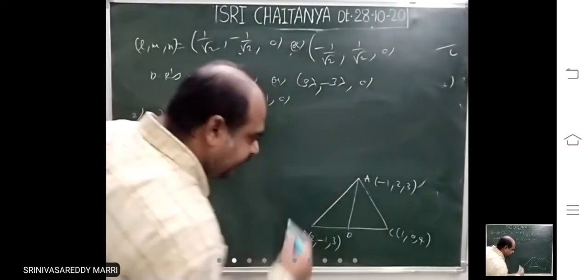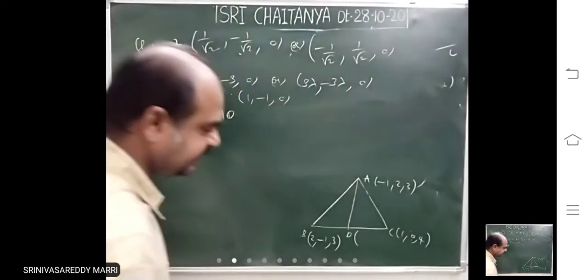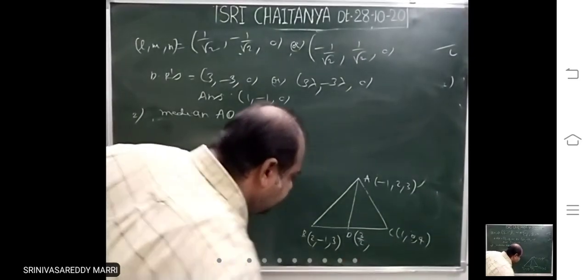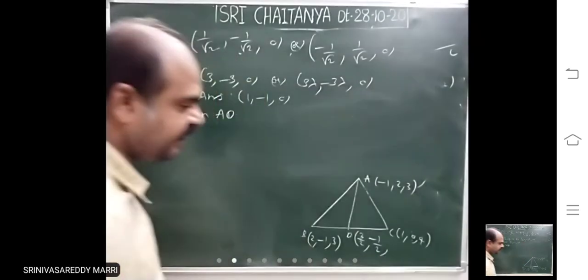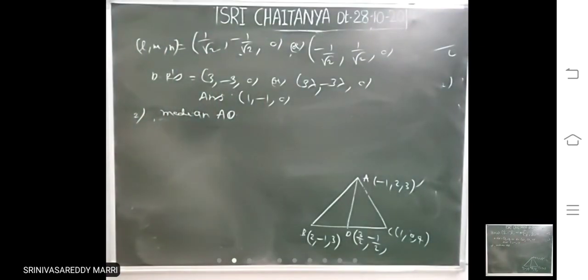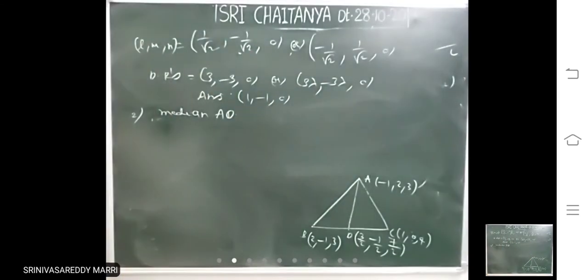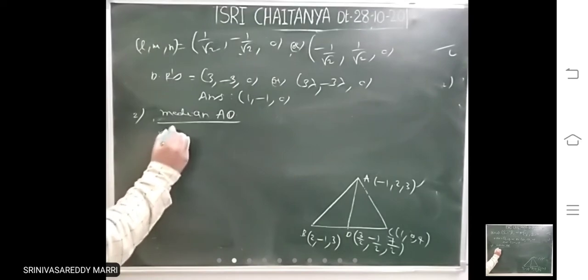You find 2 points first. Find the D point. What is the D point? The midpoint: 2 plus 1 by 2, which is 3 by 2, minus 1 by 2, minus 1 by 2, 7 by 2. Now for AD, 2 points are known.